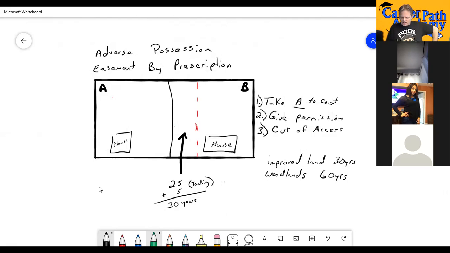The tract over which the easement runs is known as the servient estate. The tract that benefits from the easement is the dominant estate. So who's the dominant estate here in an easement by prescription? Lot owner A is, because they would be the one that would benefit from this easement. All right.